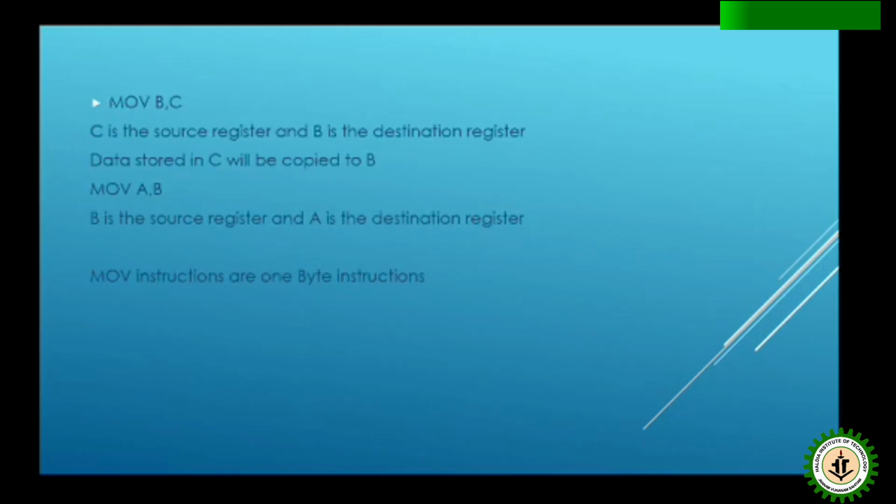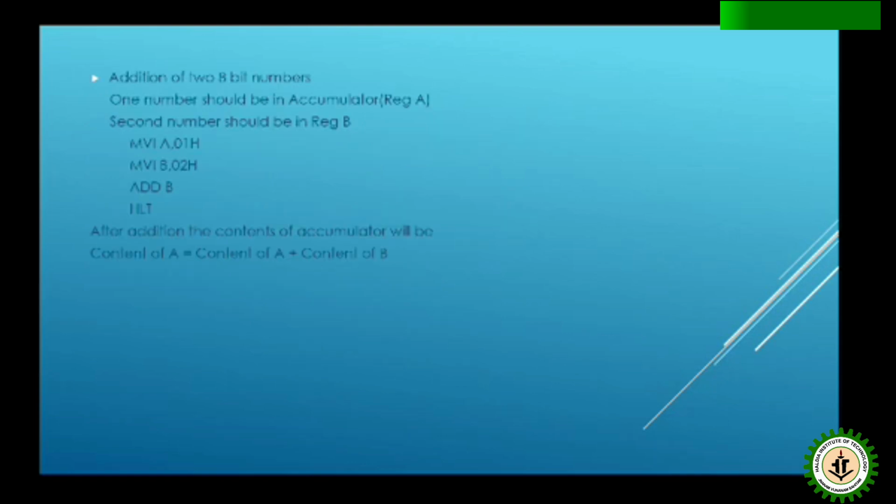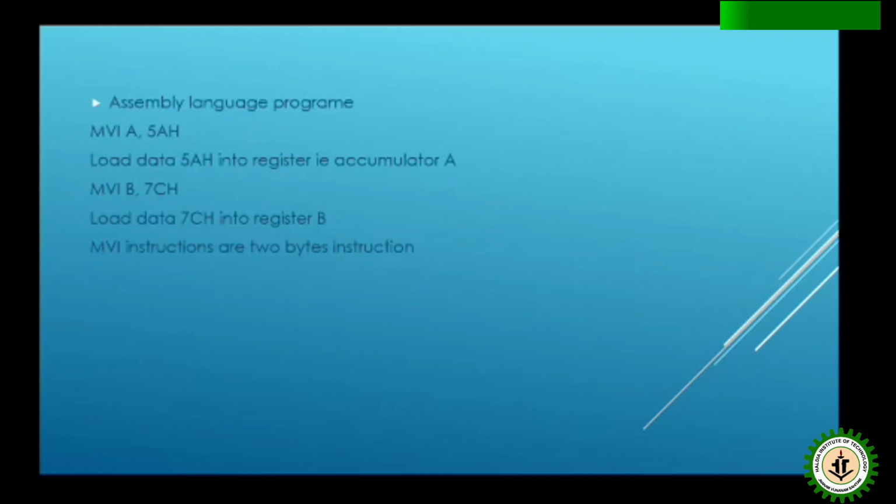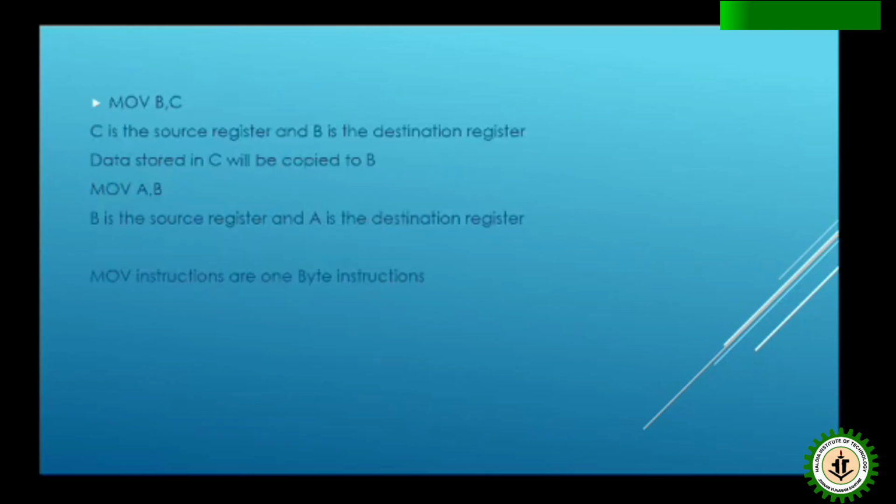Here, MOV B, C, as I discussed, C is the source register, B is the destination register, and MOV A, B. So these are 1-byte instructions, and MVI is a 2-byte instruction. MVI A 5AH, MVI B 7CH, these are all 2-byte instructions.